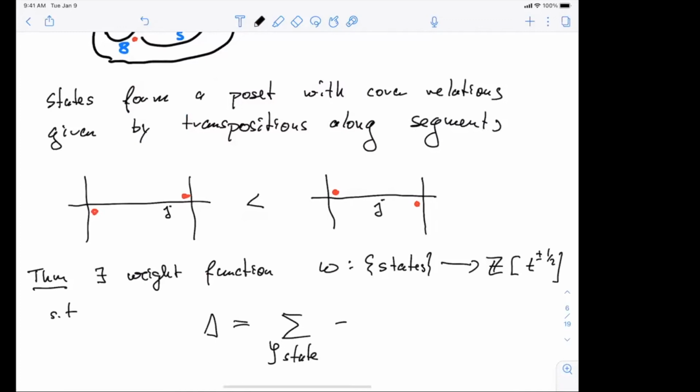Well, there's also a sign involved here. So each state comes with a plus or minus sign, and then there's the weight of the state.